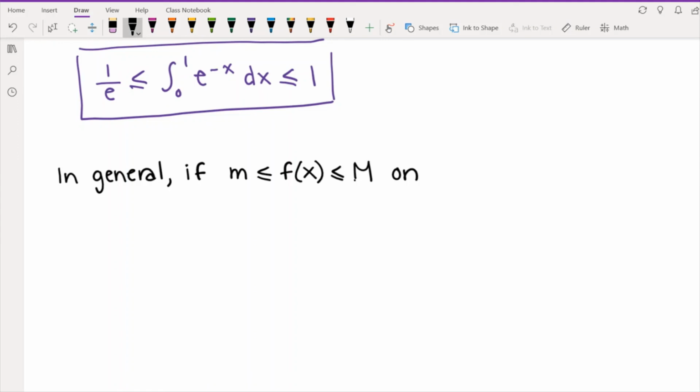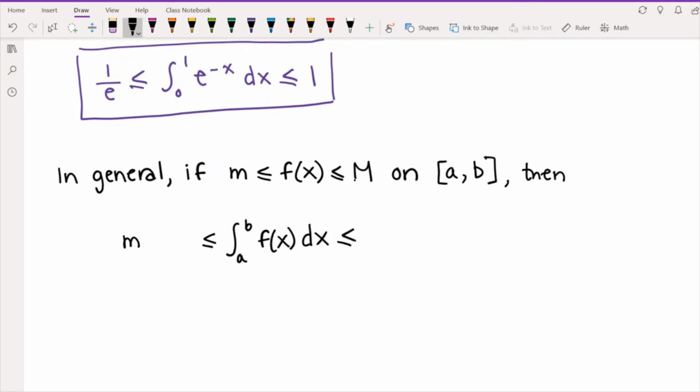So the little m is basically the minimum value on the interval, and big M is the maximum value on the interval. So if you have a function between these two values on this interval, then you can conclude that the integral from a to b of f of x dx is going to be between, so the lower possibility will be m times b minus a, and then the upper possibility will be capital M times b minus a.